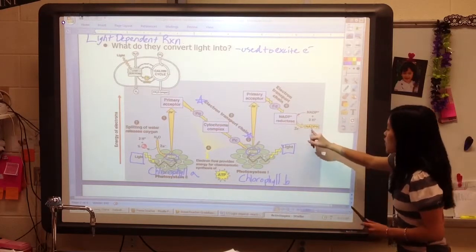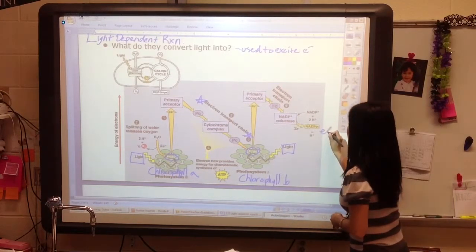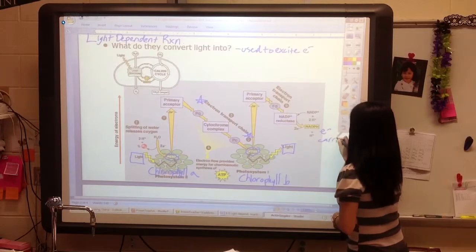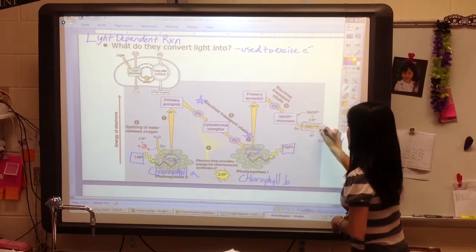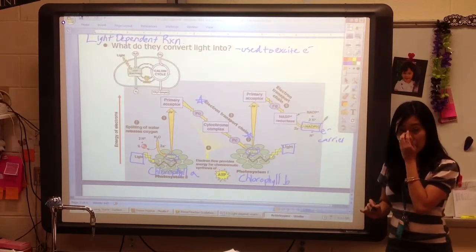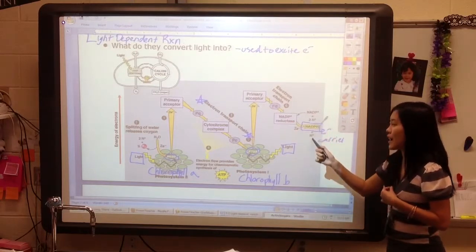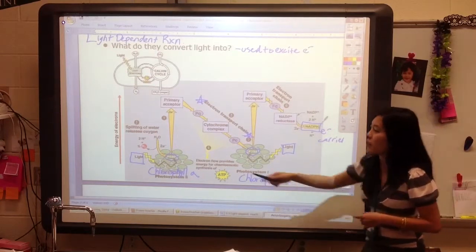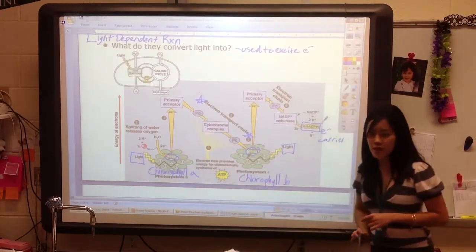And that will form our final electron carrier, NADPH. Okay? We do get one of those hydrogen ions that join with it from that water that we split at the very beginning.